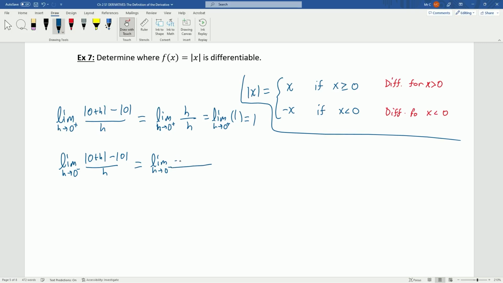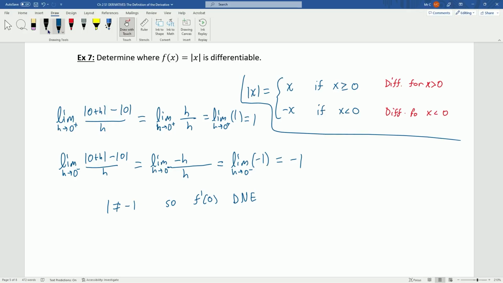So we get negative h over h. So this becomes the limit as h goes to 0 of -1, which is equal to -1. And of course, 1 is not equal to -1, so the derivative does not exist at 0.